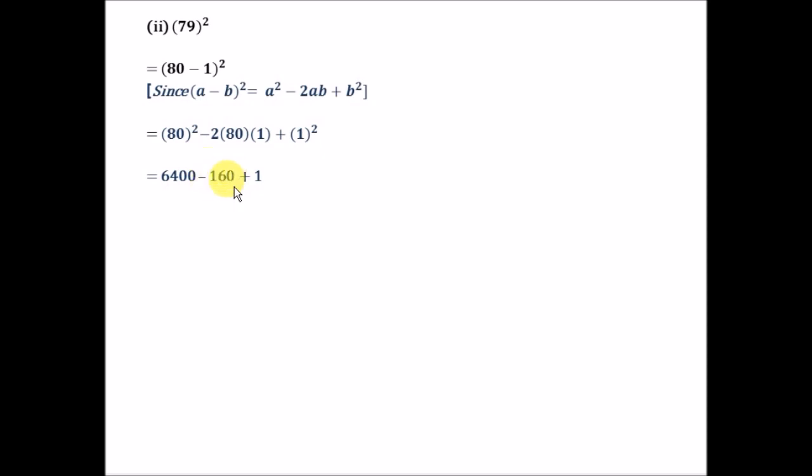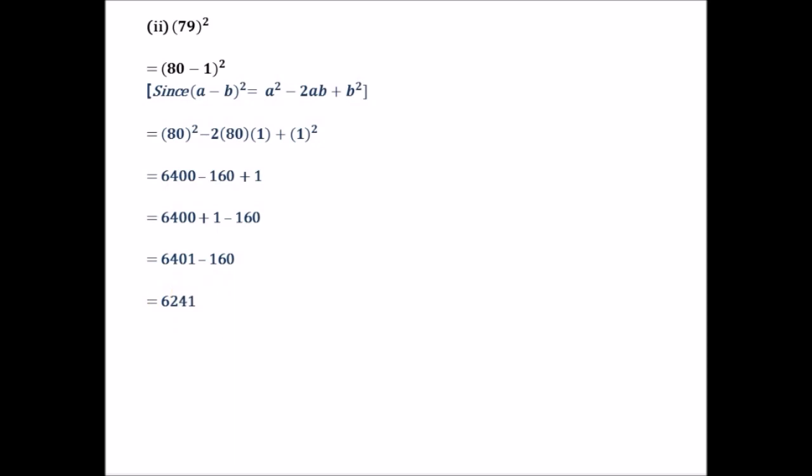So 160 into 1 will be 160, that is minus 160 plus 1 1s are 1. Now let's bring the quantities with positive signs together. 6400 plus 1 minus 160. 6401 minus 160, and upon subtracting the final result will be 6241. So this is our answer.